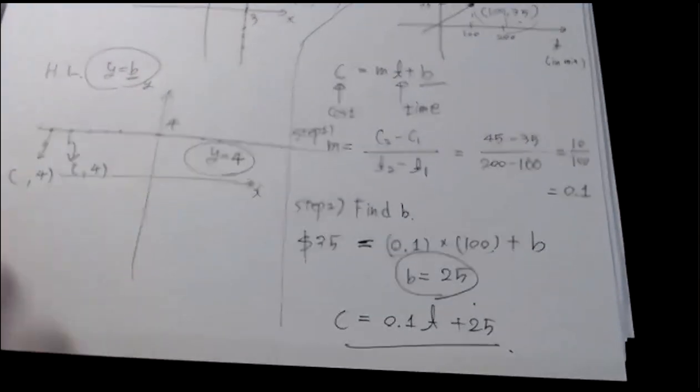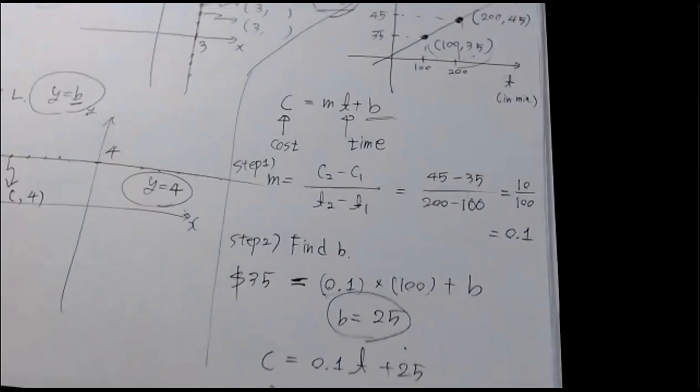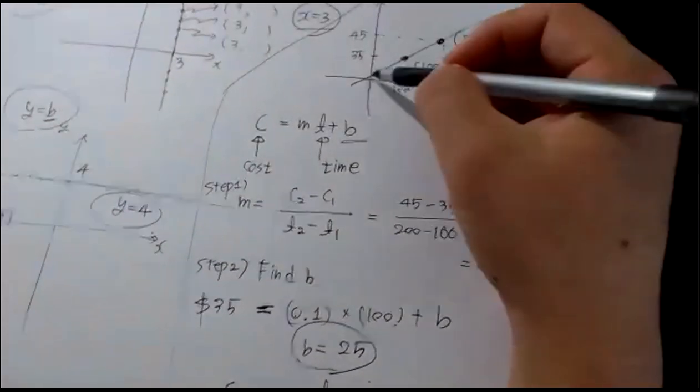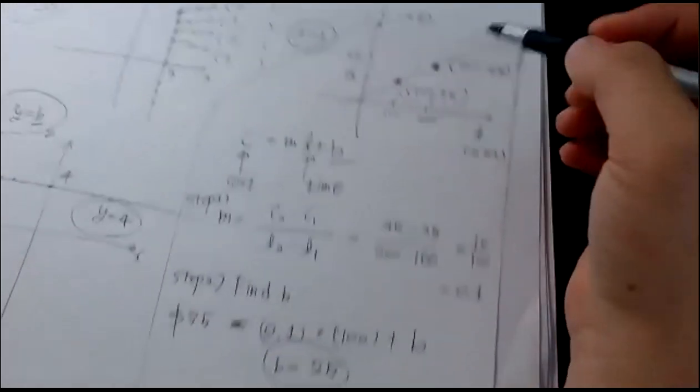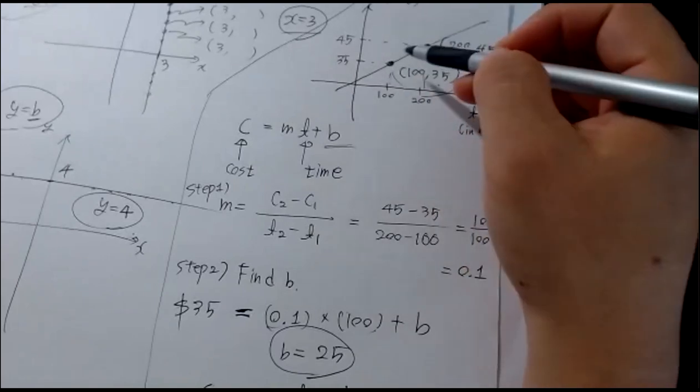So now, using that model, we can predict the cost for 300 minutes, 400 minutes, 500 minutes. Definitely, in a real company, they don't use the linear model. Maybe they use a more complicated model, maybe not a straight line.